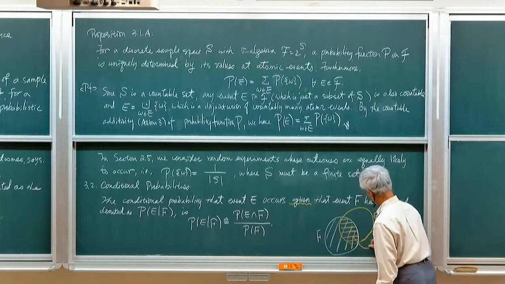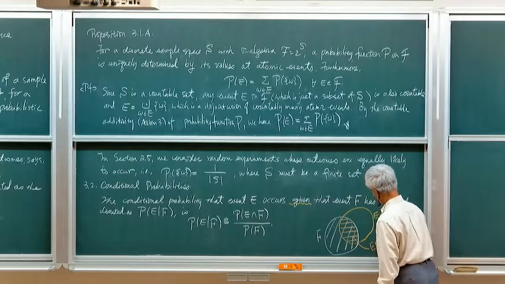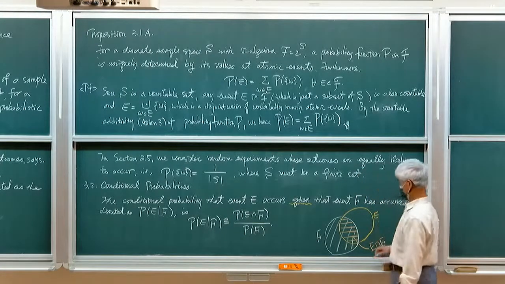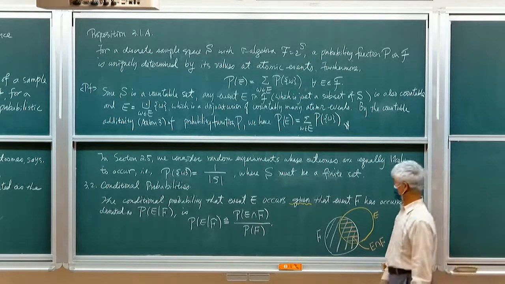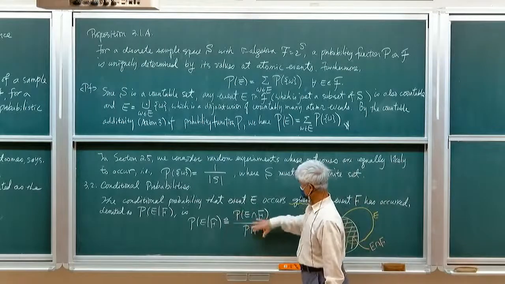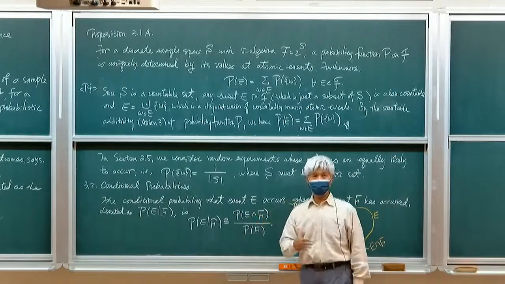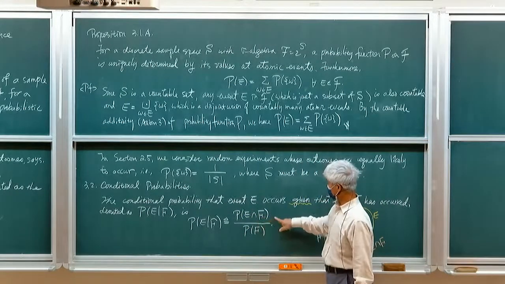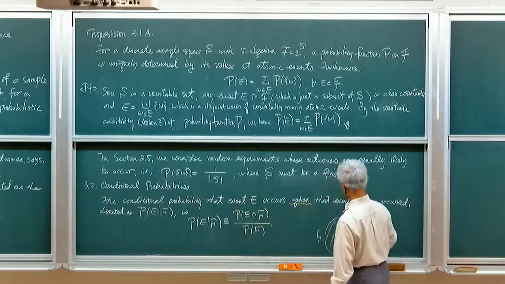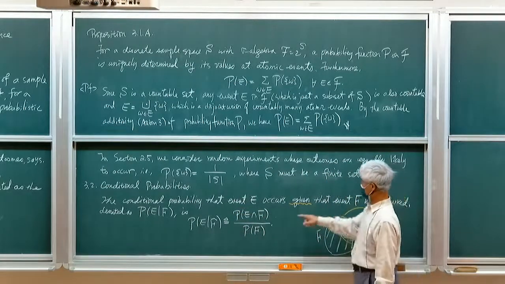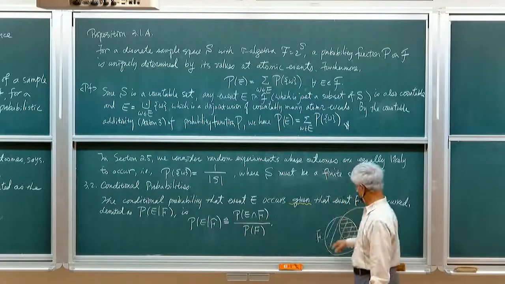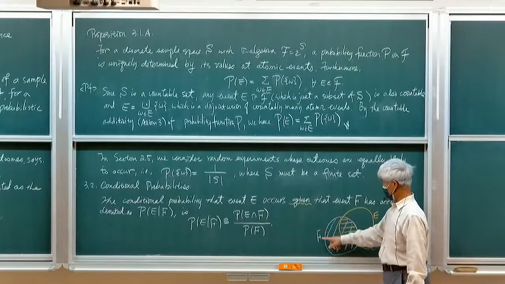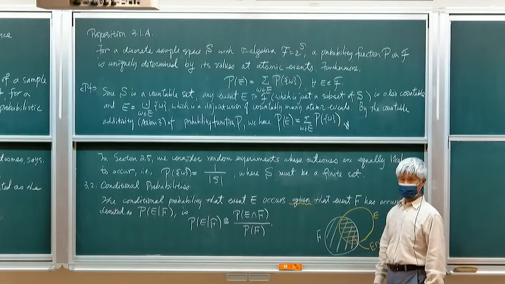And here, this is E intersect with F. So this is just the ratio: the probability of this intersected event divided by the probability of the event F.